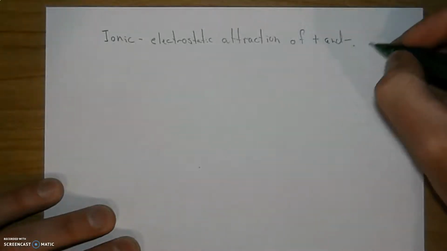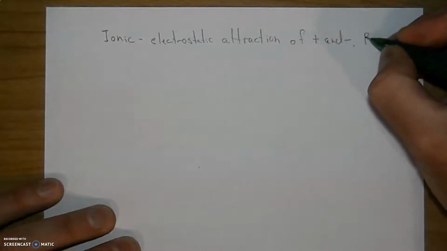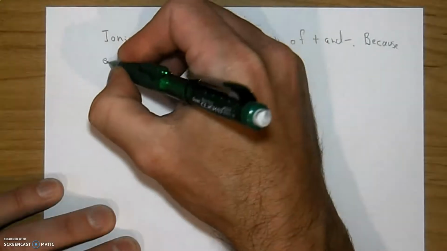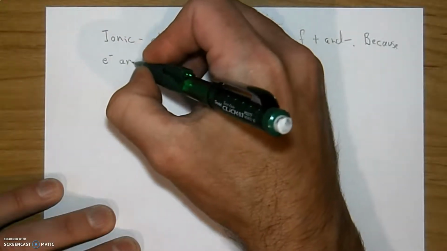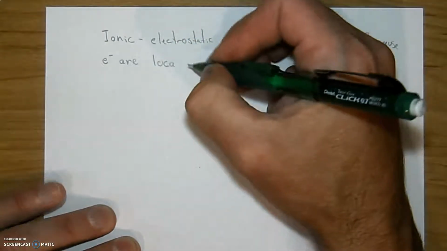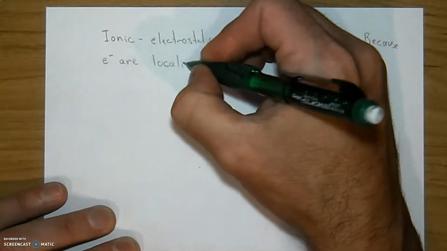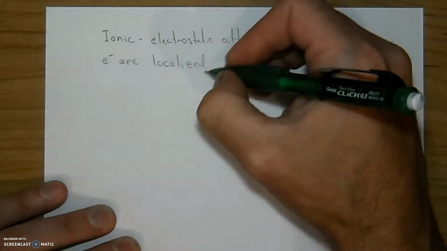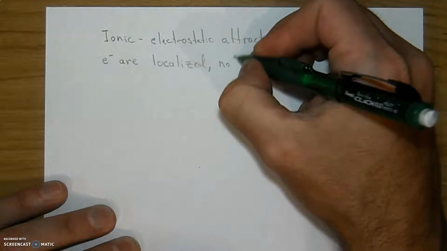It's a network. And because the electrons are localized, which is different based on the last one we just talked about, where they are free to roam, these electrons are localized. It is not conductive.